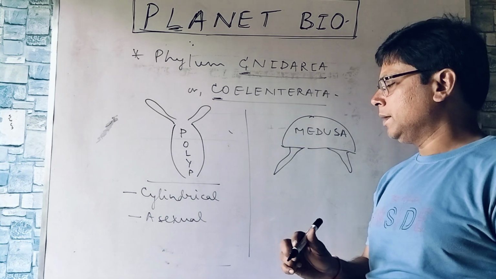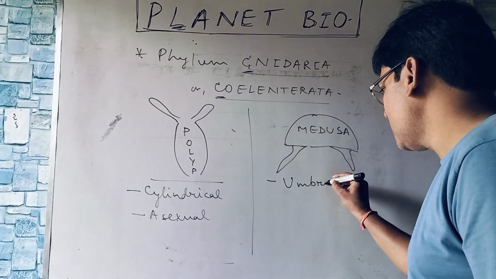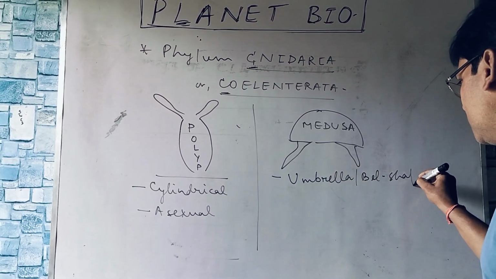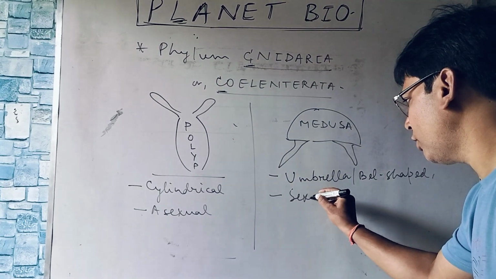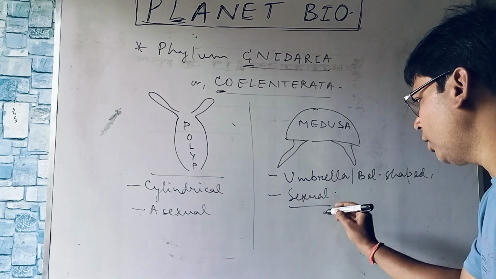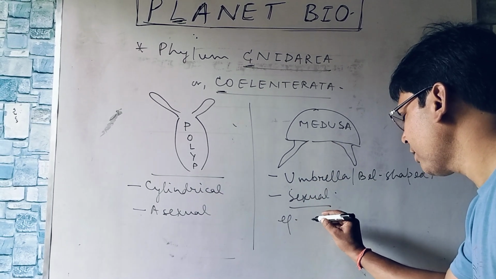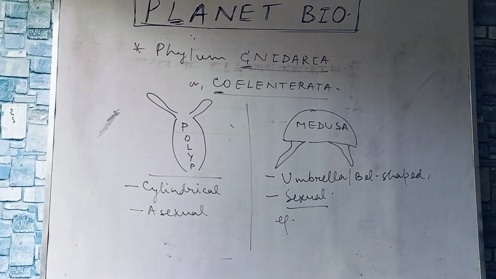We would see here Medusa, umbrella or bell shaped, and this is the sexual form. Now the example for Medusa you can see.